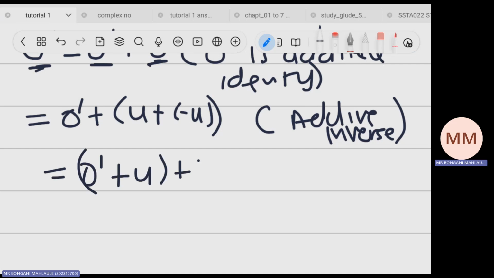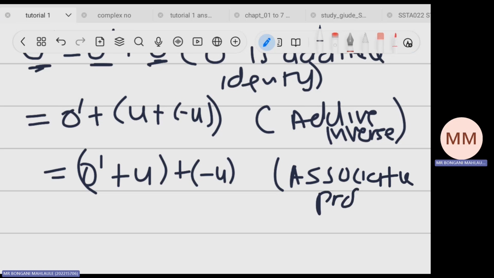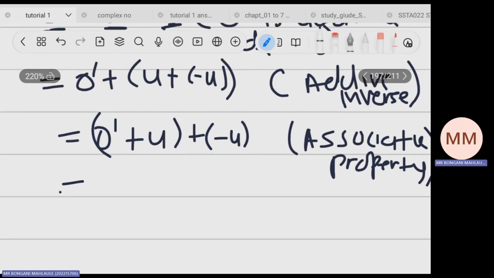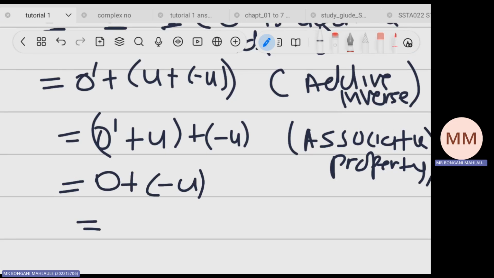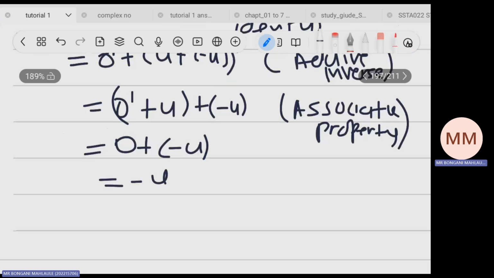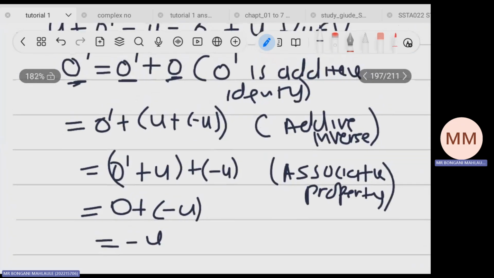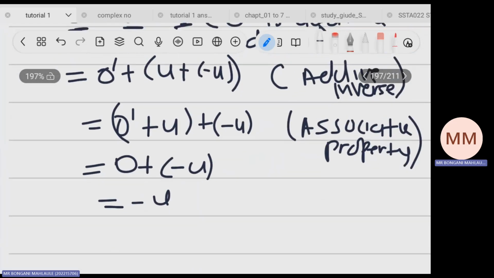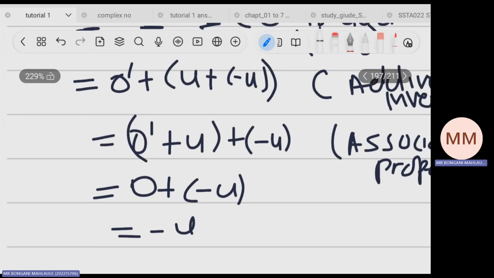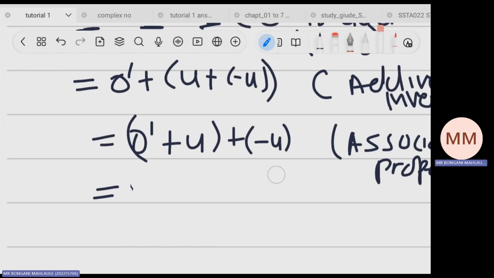If you apply the associative property, you realize that this will be equal to 0 plus negative u, which is just negative u.